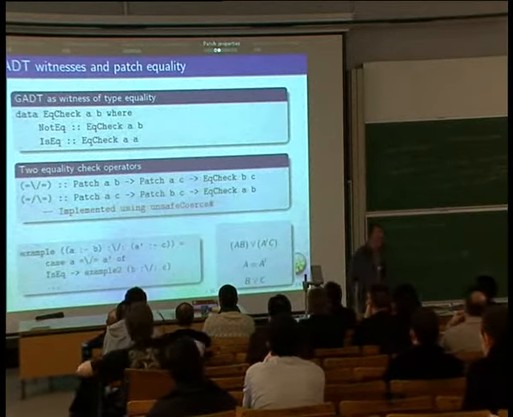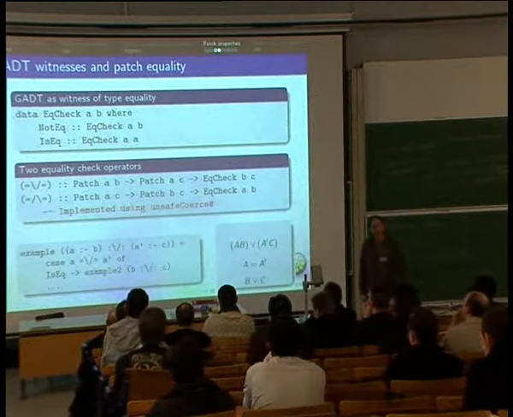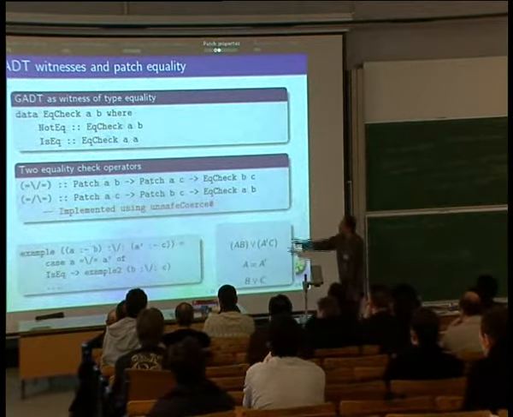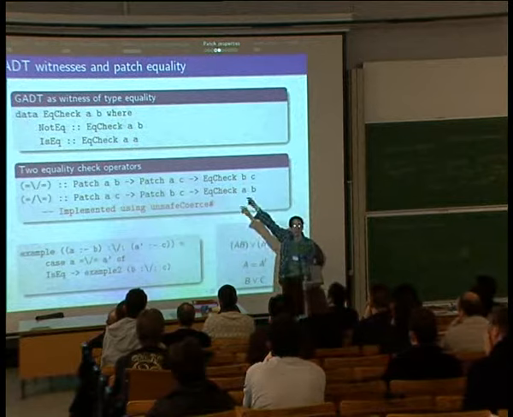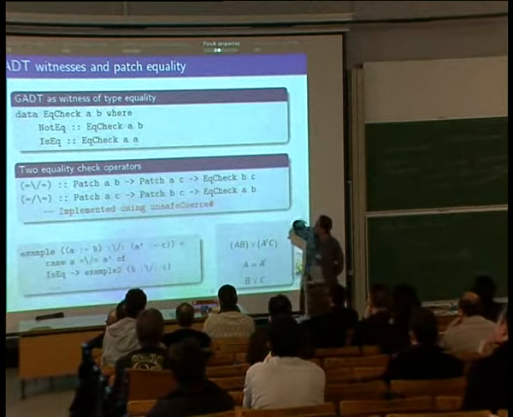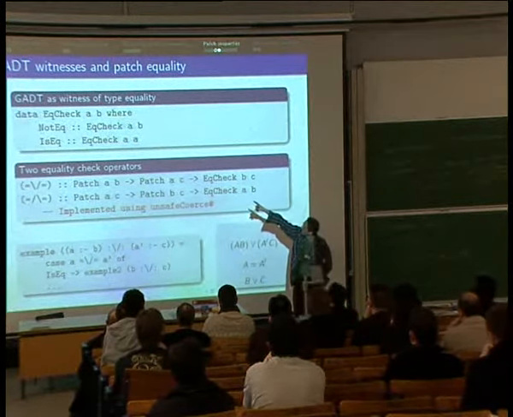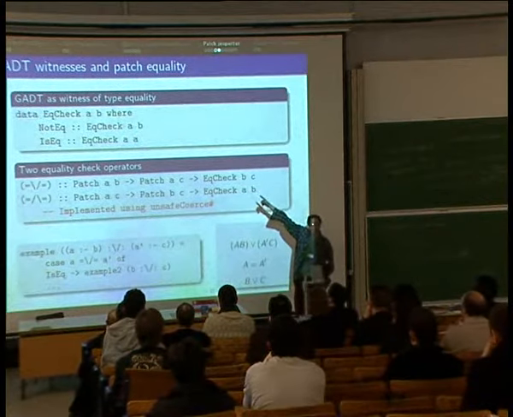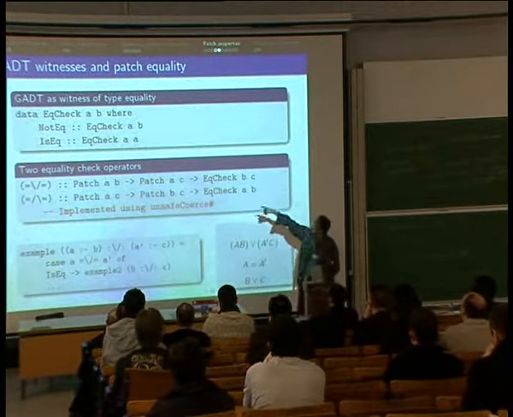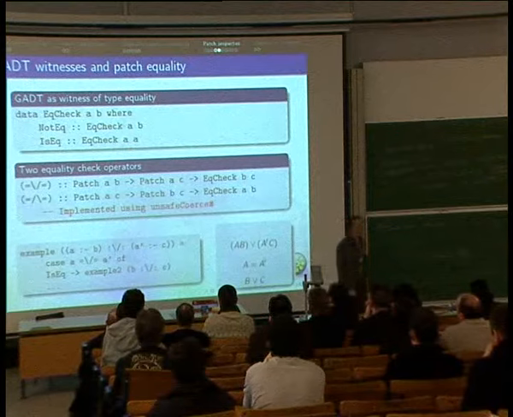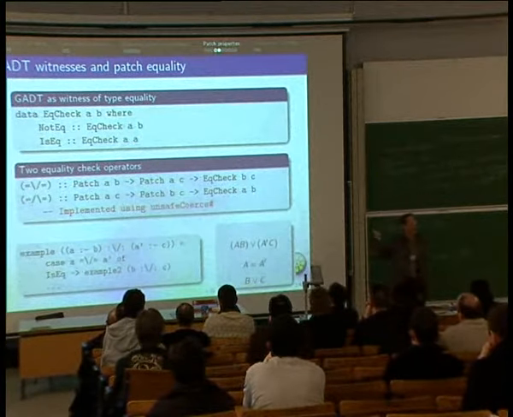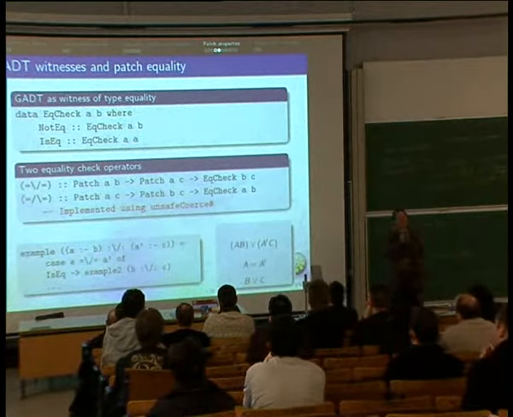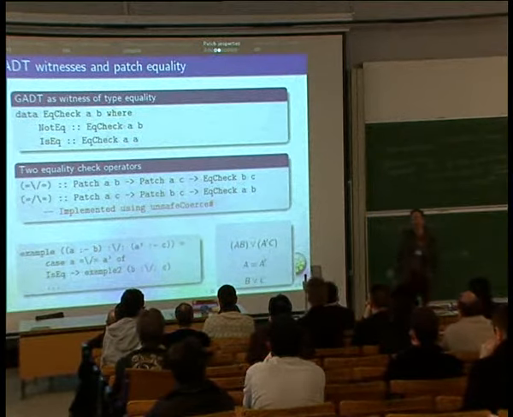So we can do this using gadgets to determine the type equality. We can define a data type, EqualityCheck A B. The not-equal case will have type EqualityCheck A B, but the equal case will have type EqualityCheck A A. This is a way we can assert at runtime, based on a comparison of representations, that two types are the same.